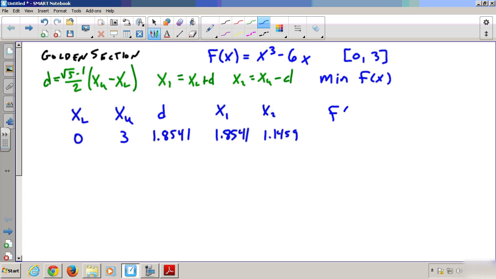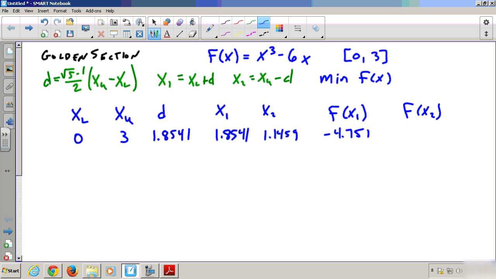You now need to calculate the function at x1 and the function at x2. So you literally take the value you have for x1, which is 1.8549, and then you calculate the function. The function is x cubed minus 6x, so you plug in that value, and I get minus 4.751, I guess.